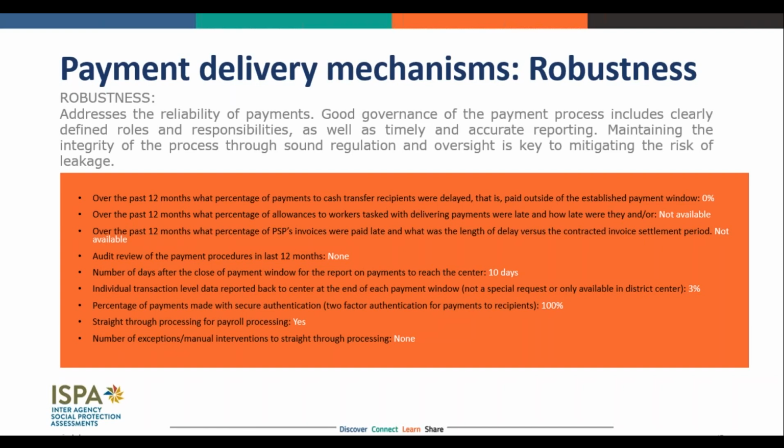So from latent at 1 to a more advanced payment delivery at 4. So if we're looking at the issue of reliability, which is the first component of robustness, we can see that there is a broad understanding of where delays regularly occur within the flow of funds from government, although not all the flow points have been written down.